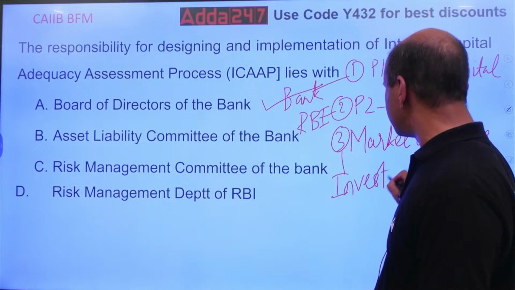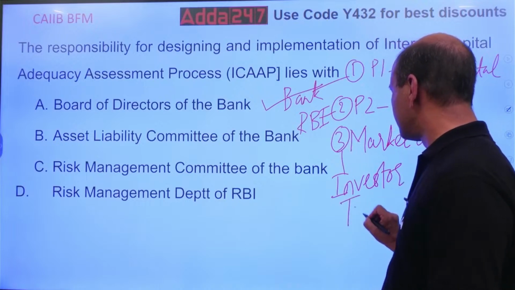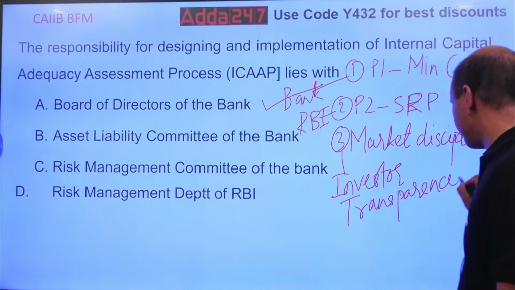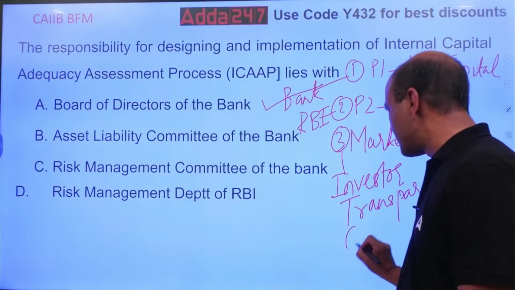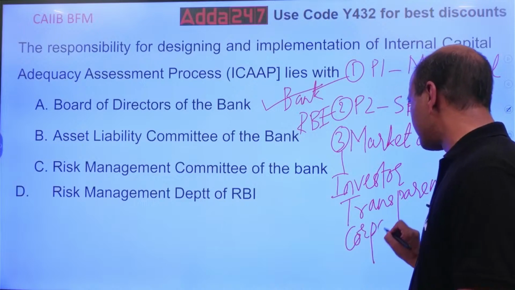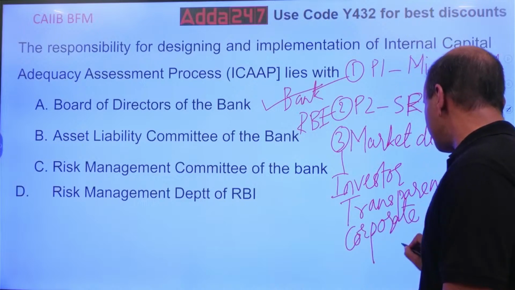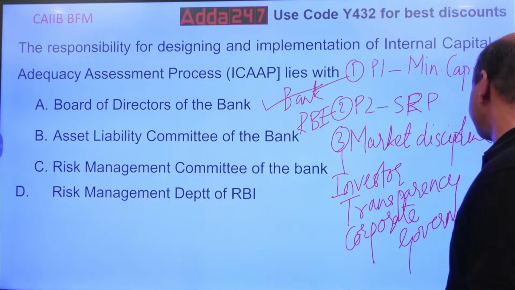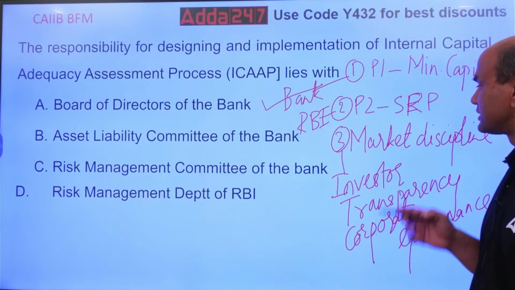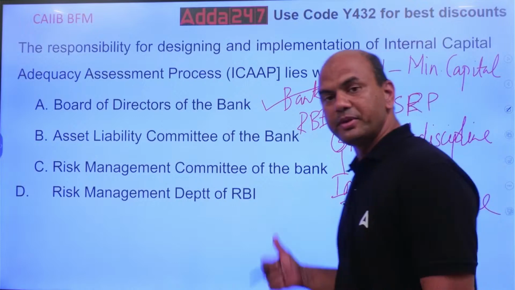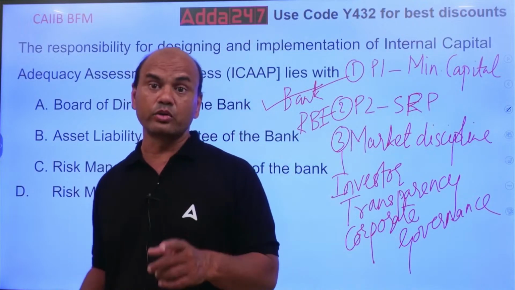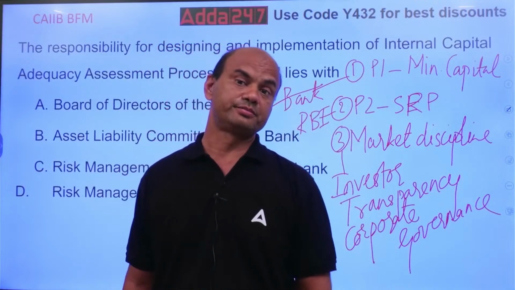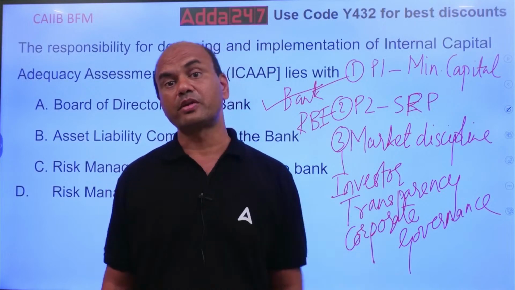Market discipline actually means transparency, or the other word is corporate governance. Very important words these are in banking nowadays. Market discipline means every investor has a right to know whatever is happening in Pillar 1 and Pillar 2. That's why this Pillar 3 has been brought in.